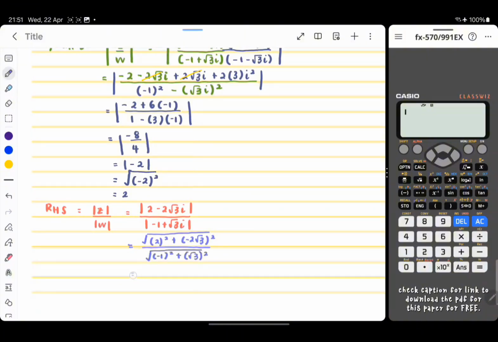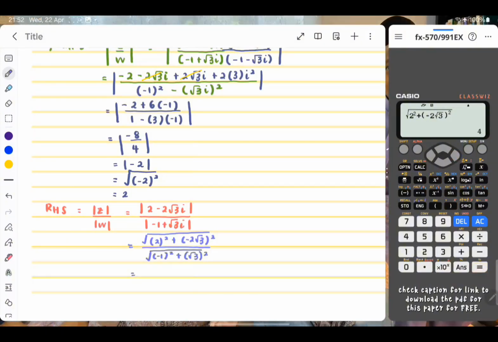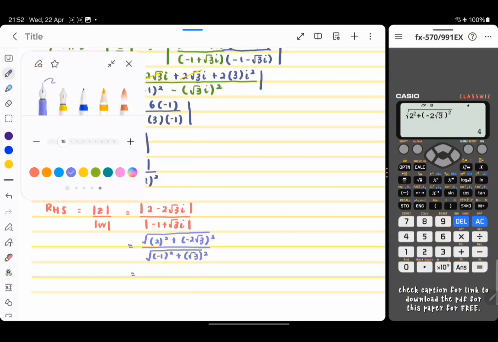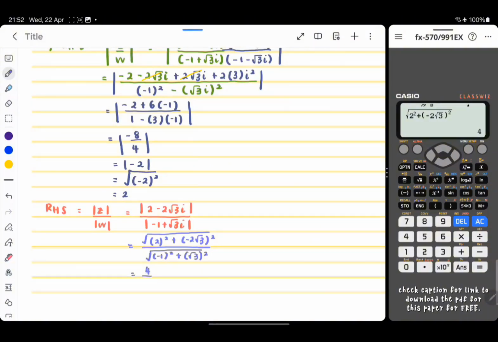So what we can do is use our calculator now. Square root of 2 squared plus open bracket negative 2 root 3 close bracket squared. That would be 4, over square root of negative 1 squared plus root 3 squared.